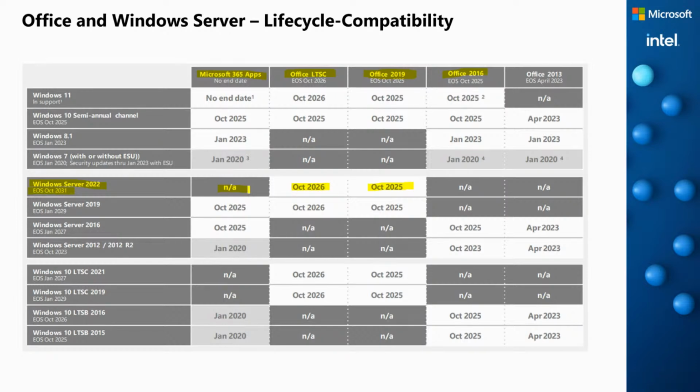The Microsoft 365 apps are not supported on Windows Server 2022. They were never planned to be supported on Windows Server 2022 because when Windows Server 2019 was generally available, Microsoft said, oh, we will not support the Microsoft 365 apps.